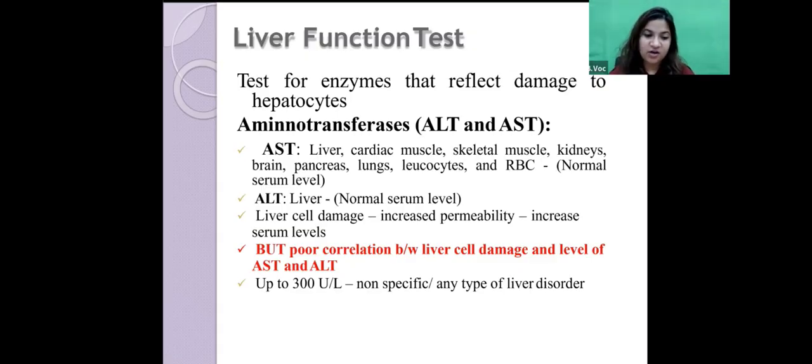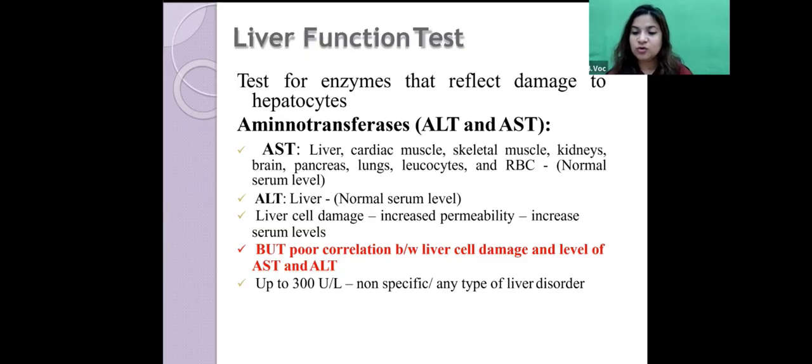So first of all, transaminases are evaluated. The aminotransferases such as ALT and AST are determined. AST is the enzyme which has its source from liver, cardiac muscle, skeletal muscle, kidneys, brain, pancreas, lungs, leukocytes, and the RBCs, whereas ALT has its source from the liver only.